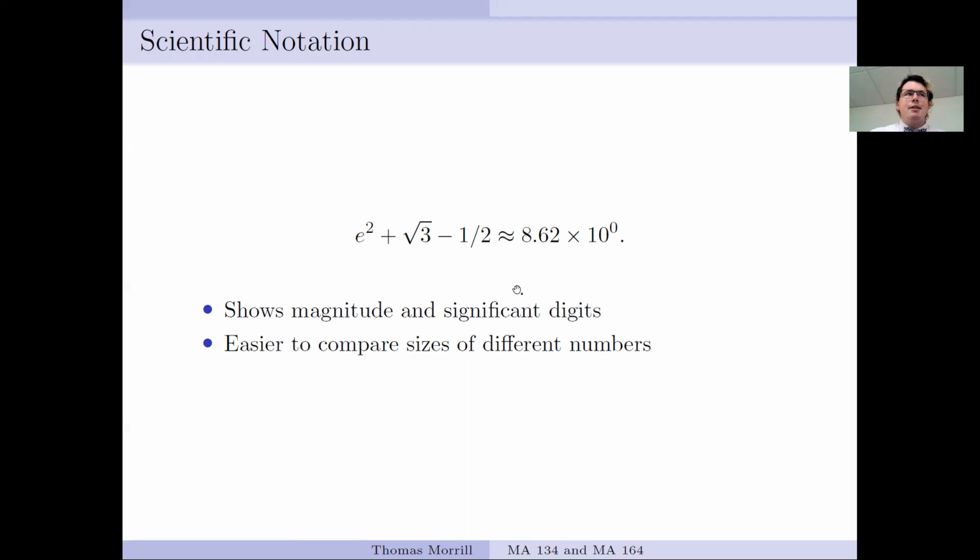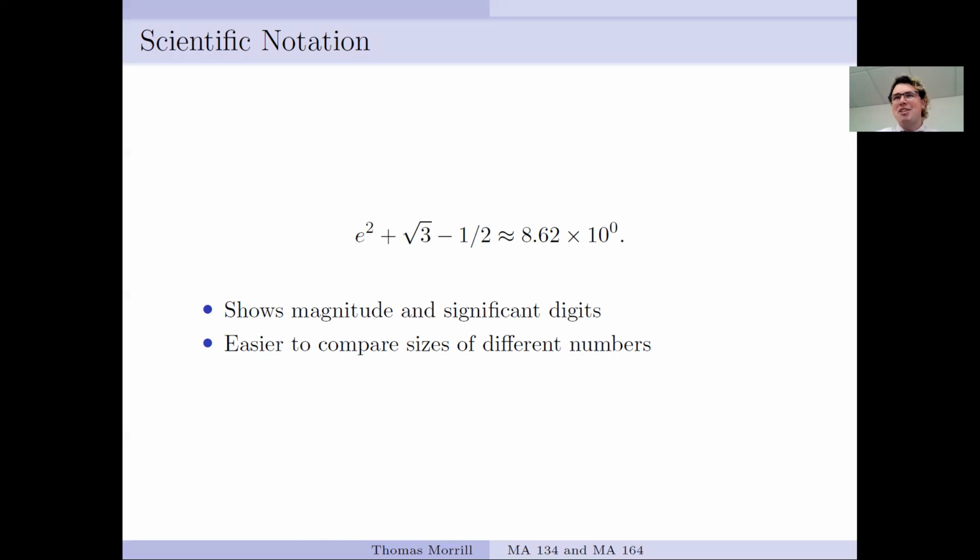So this notation makes a whole lot of sense when we're working with very, very large numbers. If I'm talking about something that's about 8.62 million, I don't really care about the hundreds place, and I don't really care about the tens place. That's not significant anymore when we're talking about that scale.